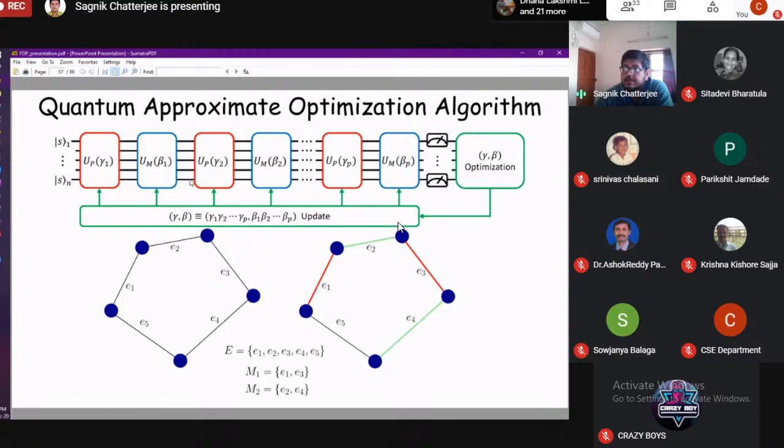It's exponential since it can be as many as the total number of subsets of the edges, so it can be 2 to the power e. This is actually difficult classically. It takes exponential time. However, we can do it easily, as we will see now, using the quantum algorithm.